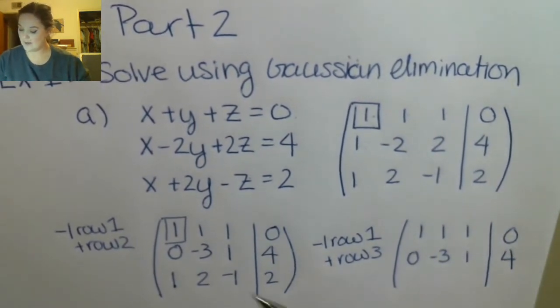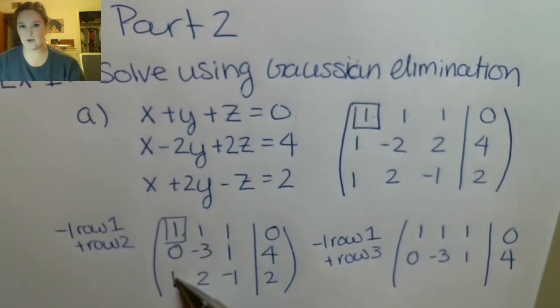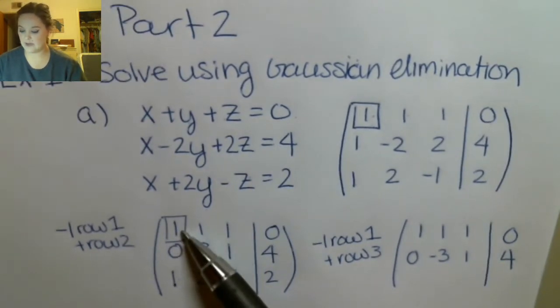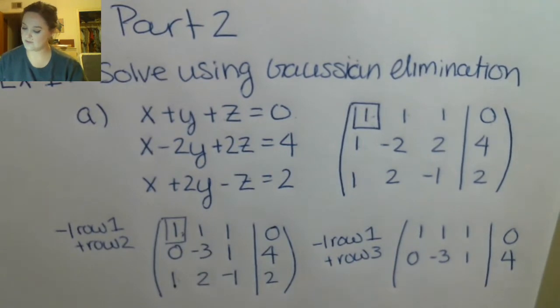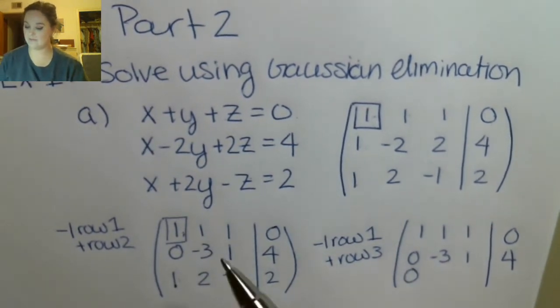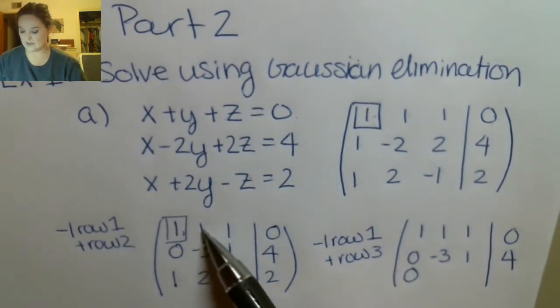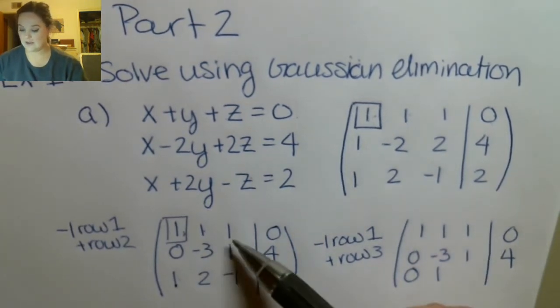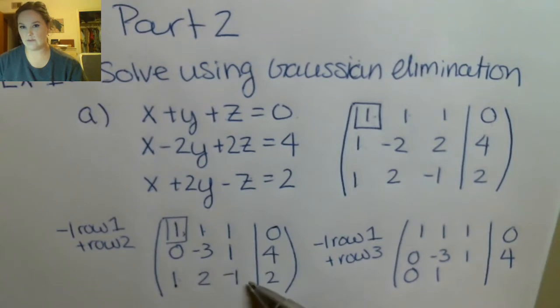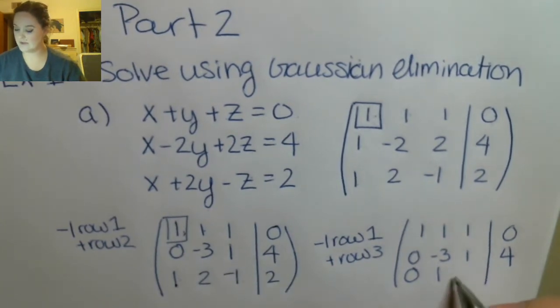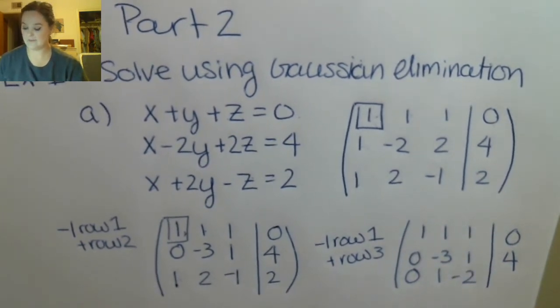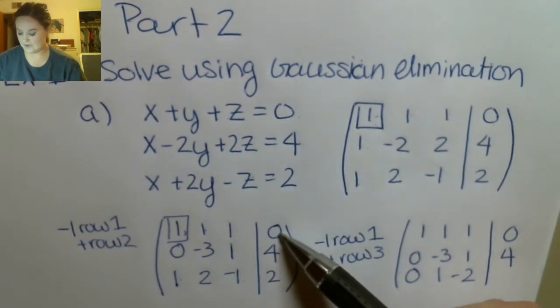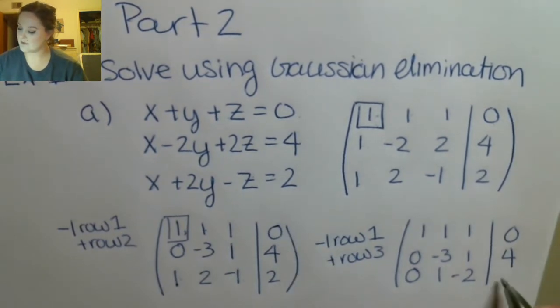Then I'm going to do -1 times this row and add it to the last row. So -1 times 1 is -1, plus 1 is 0, which is what we wanted. -1 times 1 is -1, plus 2 is 1. -1 times 1 is -1, plus -1 is -2. -1 times 0 is 0, plus 2 is 2.